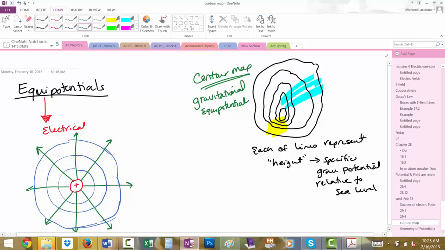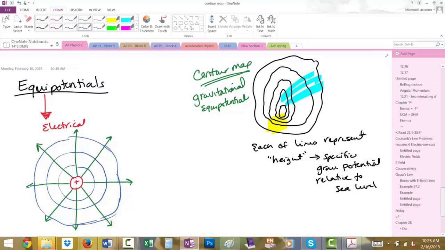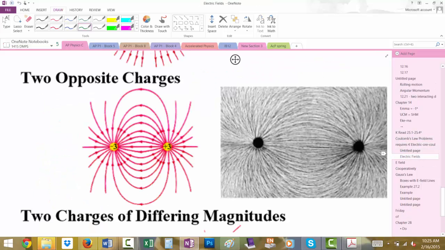So what if you have multiple charges? It's going to be like a peanut shape. Yes, actually, you are exactly correct. I was going to pull this one out.